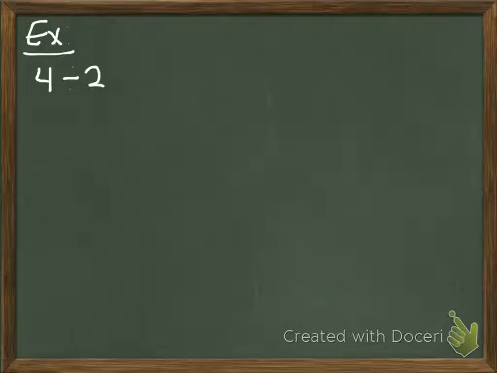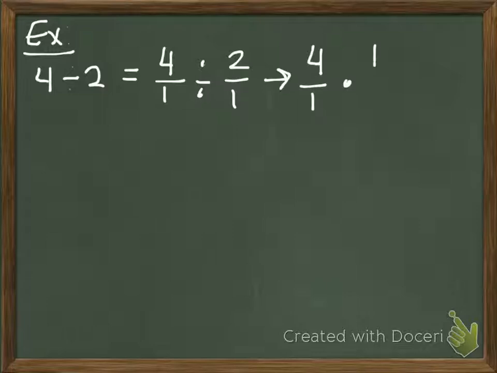Okay, well, everyone knows that 4 divided by 2 is 2, but hopefully we can begin recognizing that we could actually write this as a fraction problem. 4 over 1 divided by 2 over 1.